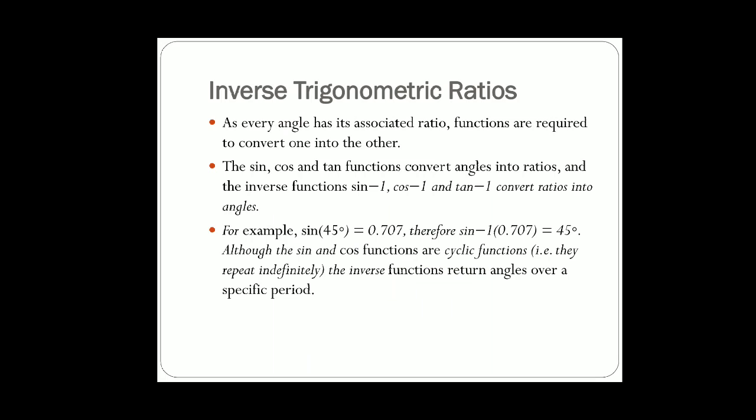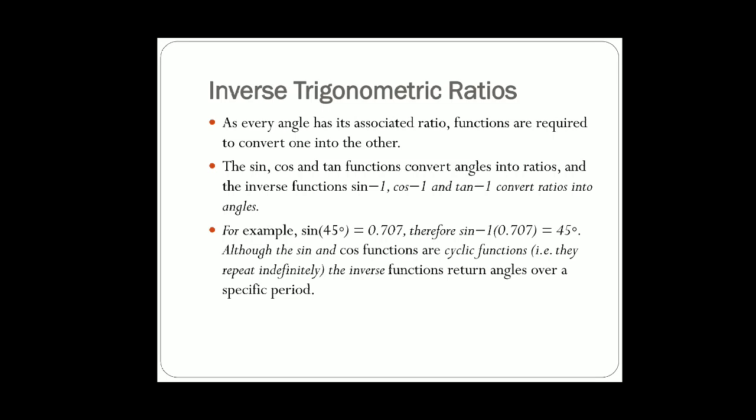With this, the next topic is inverse trigonometric ratios, where we are inverting the values. There is an associated ratio with every single angle, and to convert one into another we need functions.